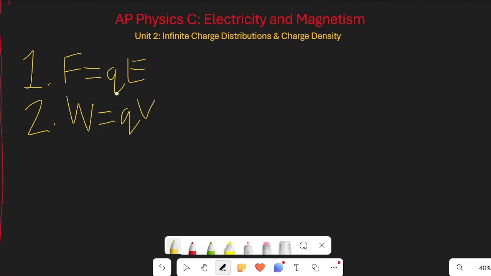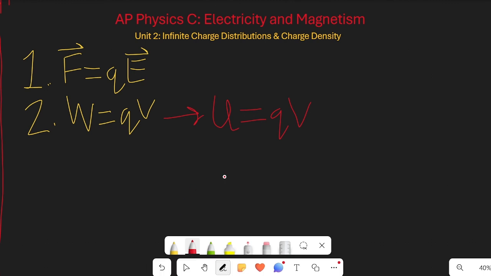So this allows you to essentially get two forms of a scalar. Or actually, in this case, force is a vector, sorry. So it basically allows you to convert electric field and potential into units that we commonly use. And in fact, this can be rewritten using the U for potential energy, but it essentially works out the same.